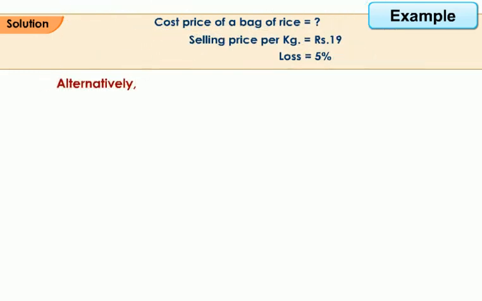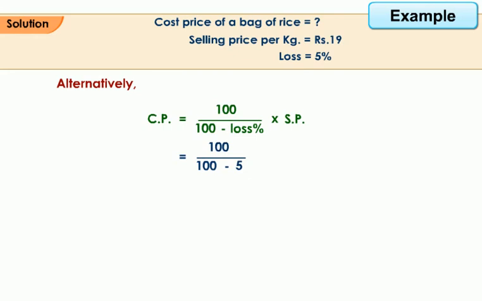Alternatively, we can solve this problem by using the formula cost price equals 100 by 100 minus loss percent into selling price. That equals 100 divided by 100 minus 5 into 19.